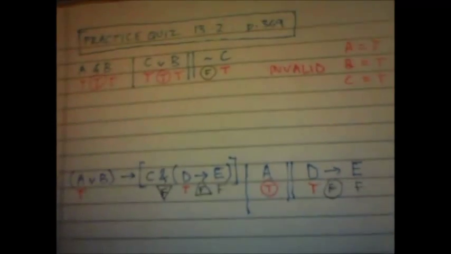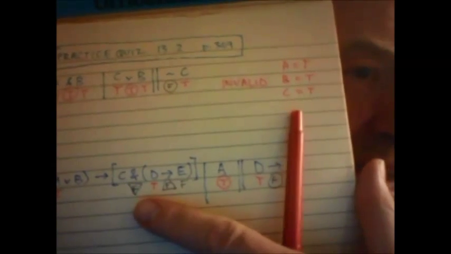Now notice, I haven't filled in the truth value for C here because we haven't been forced to any single particular truth value. So I'm going to leave that blank and see if the remaining part of the premise will force us to put a single value there. So let's see.